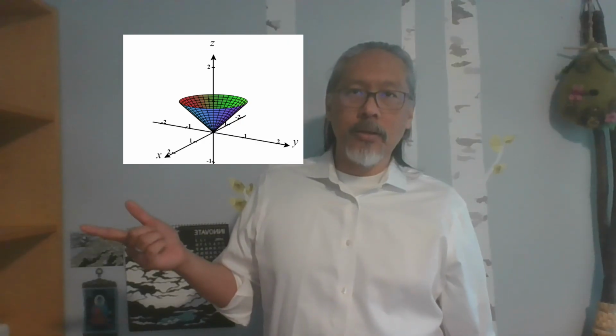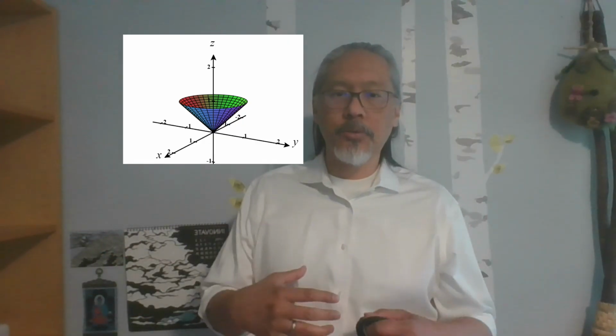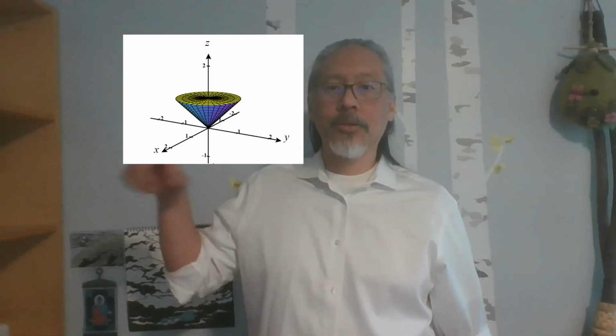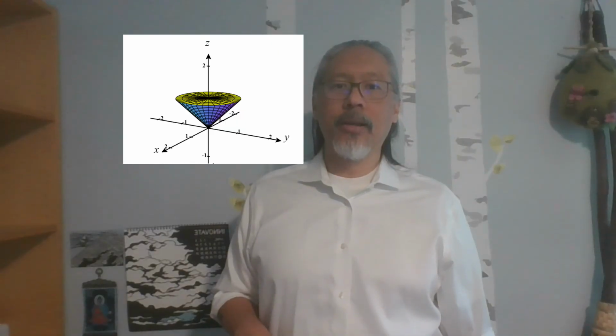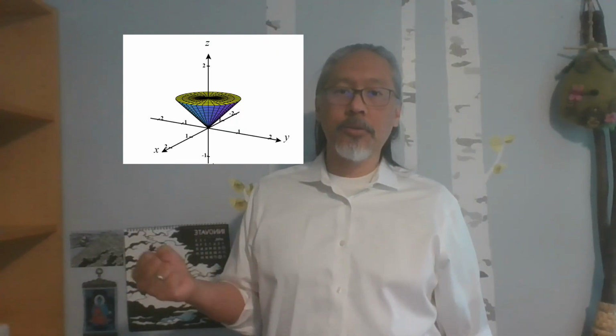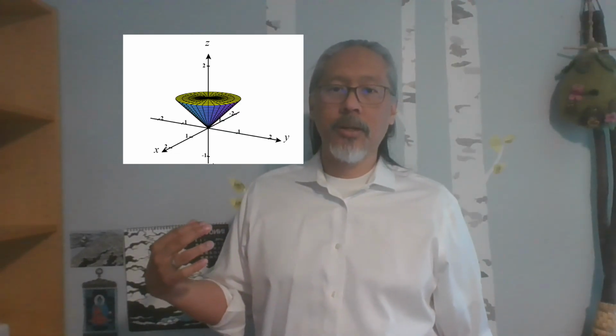This is an open surface, so it doesn't have an enclosed region, but what if we cover it up and enclose the region? So we cover it up with a disk on top. Then we can use Gauss, because now it has an enclosed region. We can find the triple integral within that region.